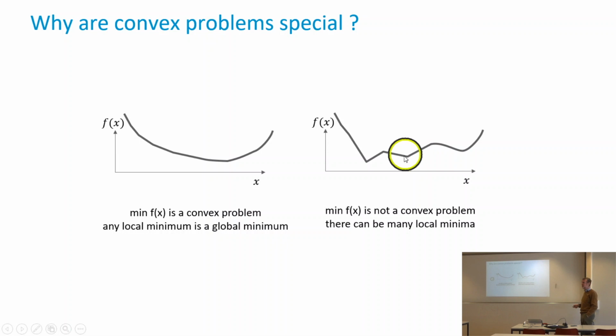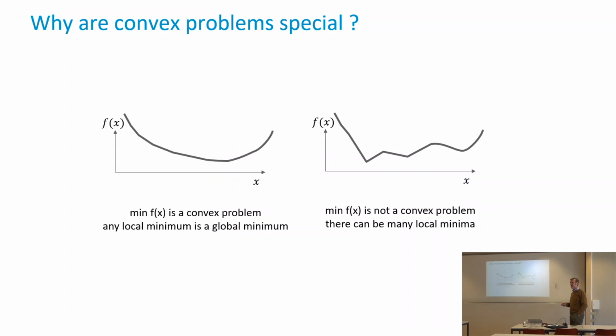In order to have another minimum somewhere else, I would need something like in this function. In this function here is a local minimum, which is not the global minimum. But if a function has this property, it cannot be convex. This can be shown from convex analysis.